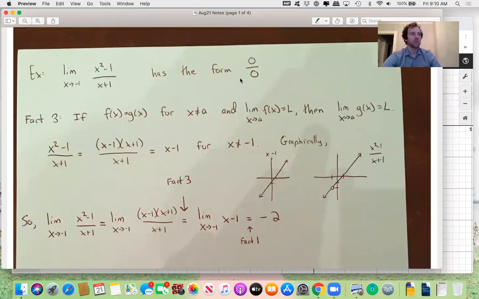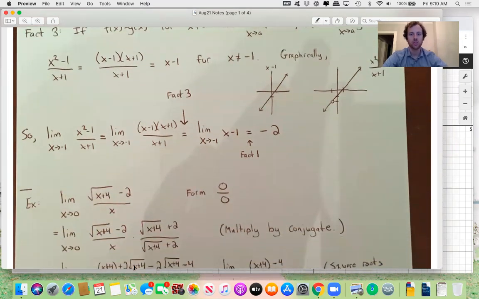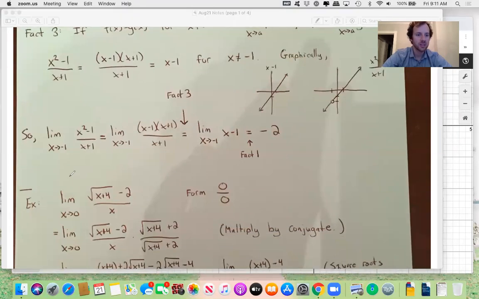As another example of this, I'm going to look at the following function. So a little drawback is it's hard to do a slow reveal of things, but look at this limit right here. So this isn't rational.